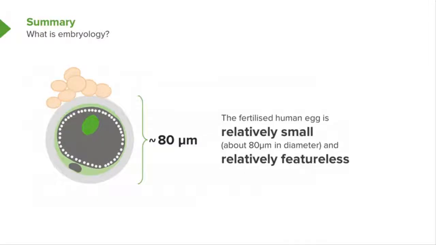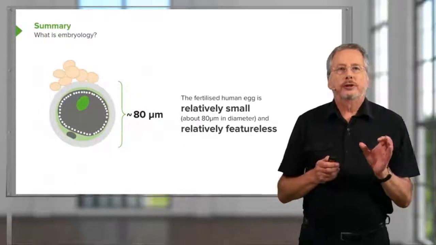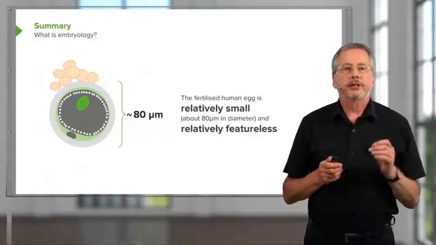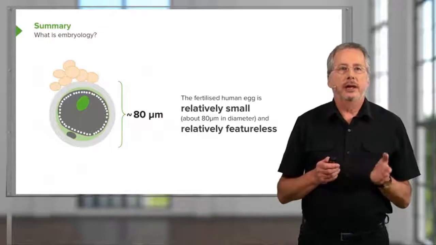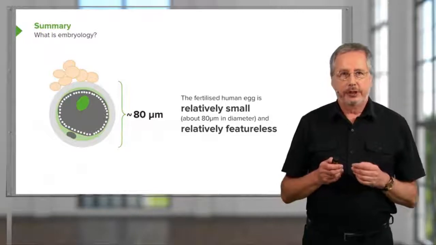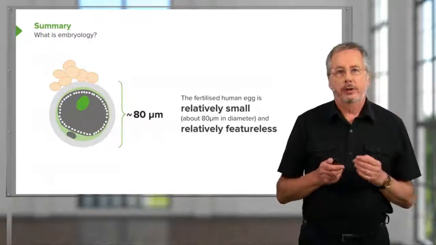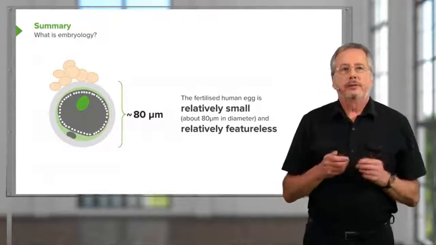You've seen a hen's egg or an ostrich egg, so this is really rather tiny. But it's also large compared to the normal human cell. You can see the size of the corona cells nearby. That gives you an idea of what a normal human cell is like in terms of its size. So the egg is large for a human cell, small for an egg. It's also relatively featureless.